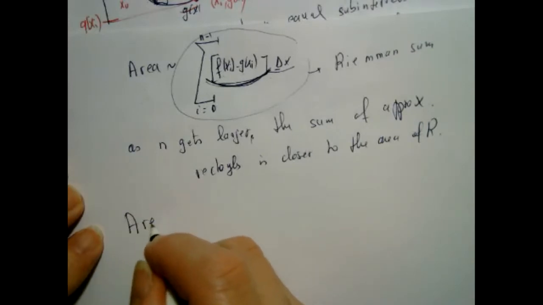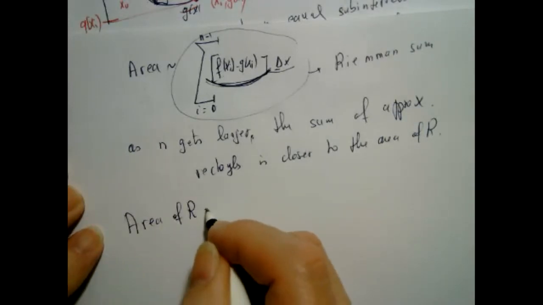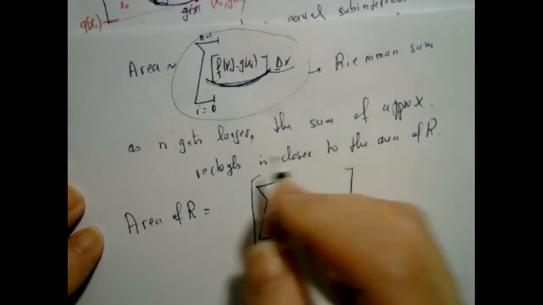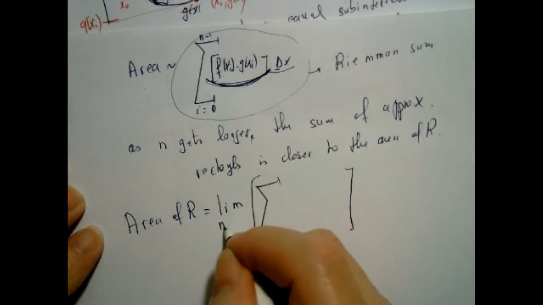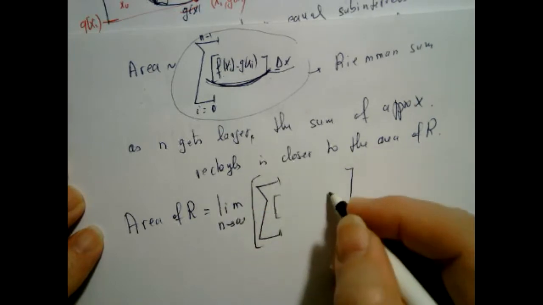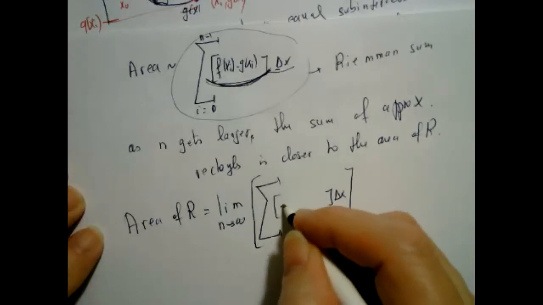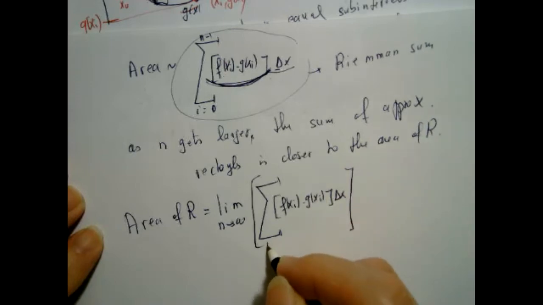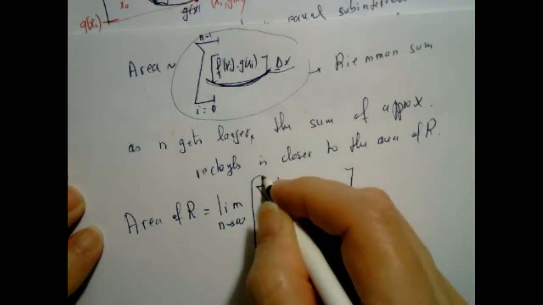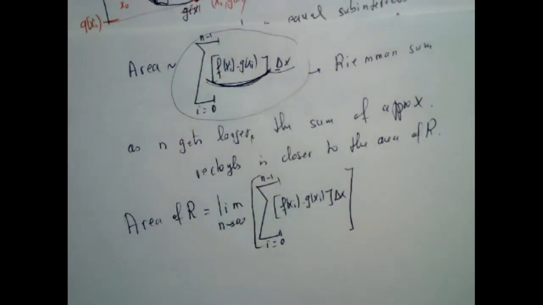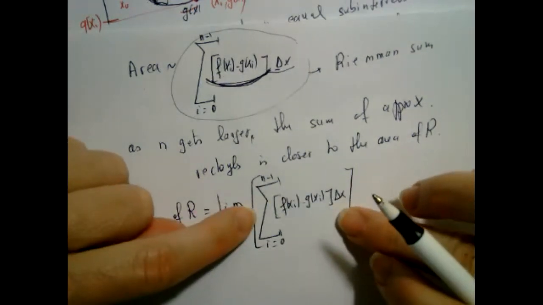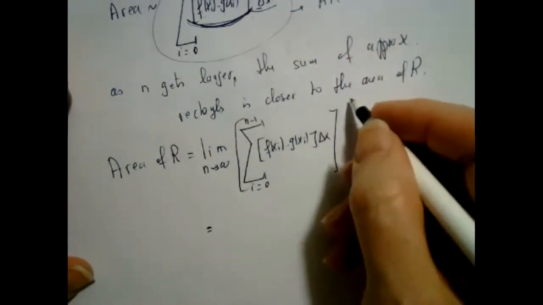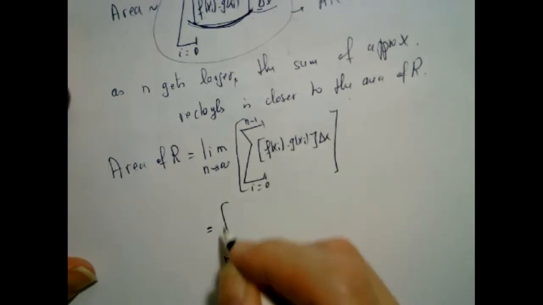So what's the actual area now? The actual area is going to be what happens to those sums when n becomes very large. The limit of the sum of f of xi minus g of xi, i equals 0 to n minus 1. Okay, so the actual area is what happens to the sum of those approximating rectangles when n goes to infinity. But now I'm going to relate this to the notion of definite integral.